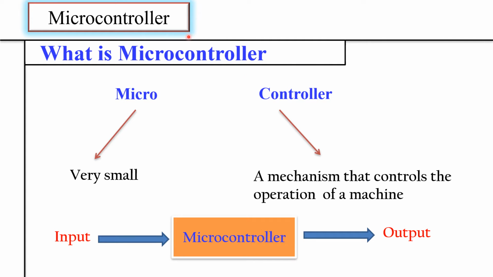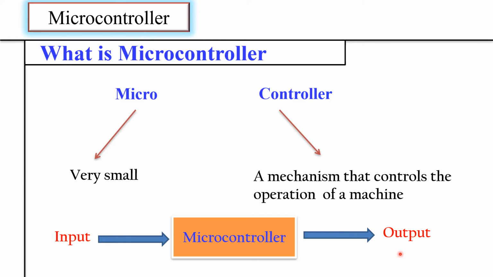What is microcontroller? Micro means very small and controller means a mechanism that controls the operation of a machine. That is nothing but microcontroller. Microcontrollers are designed to perform specific tasks. So based on the inputs which are given to the microcontroller, it does some processing and it gives the result as an output.